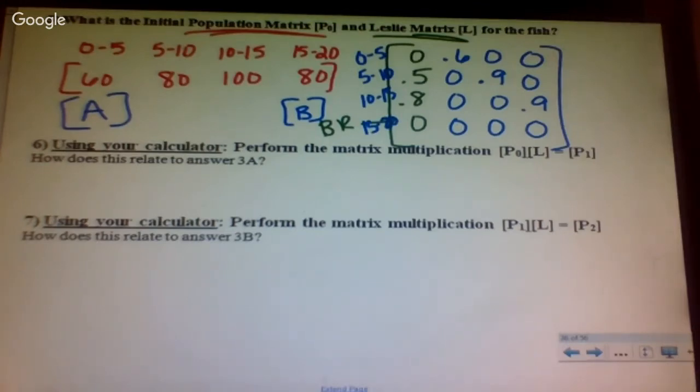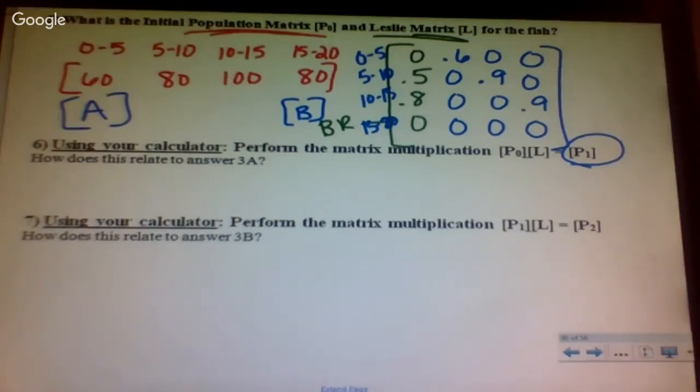If you only need one transition, P sub 1, that means one transition has happened, which means 5 years have gone by. Remember, your ages go from 0 to 5, 5 to 10, 10 to 15, 15 to 20.